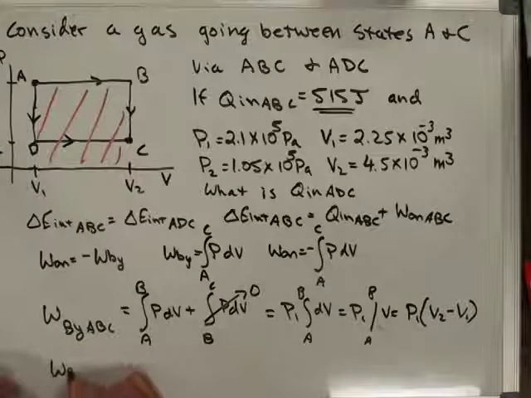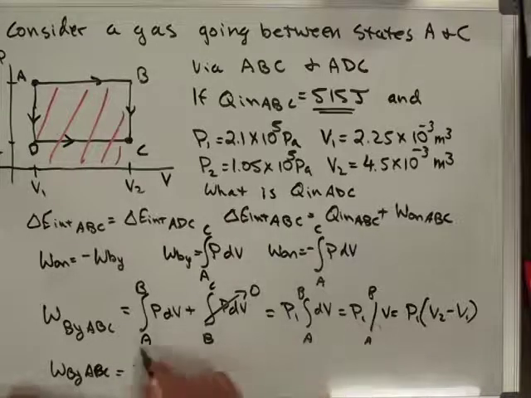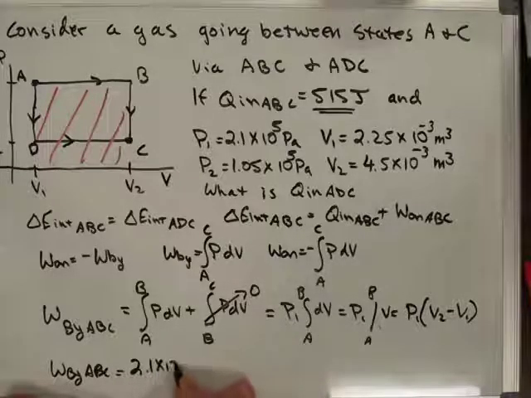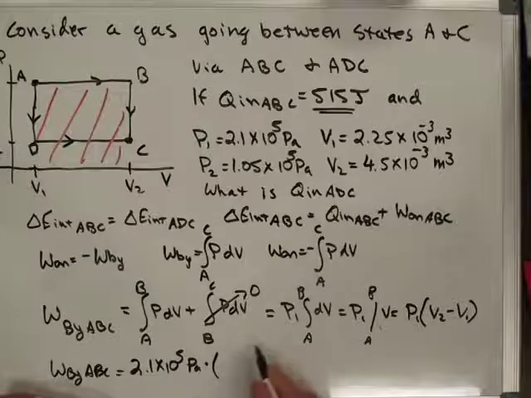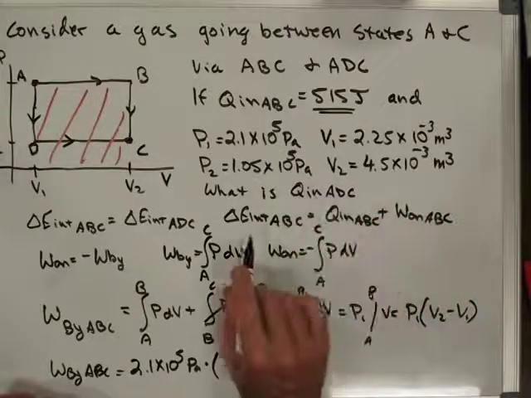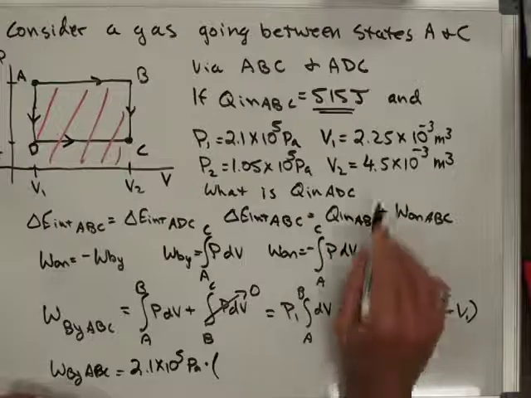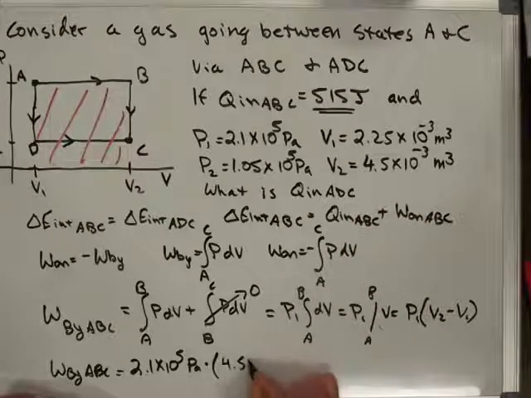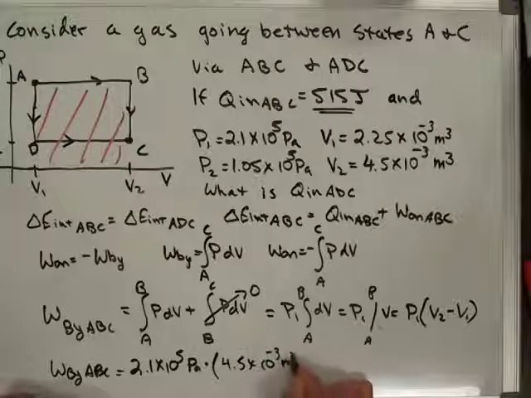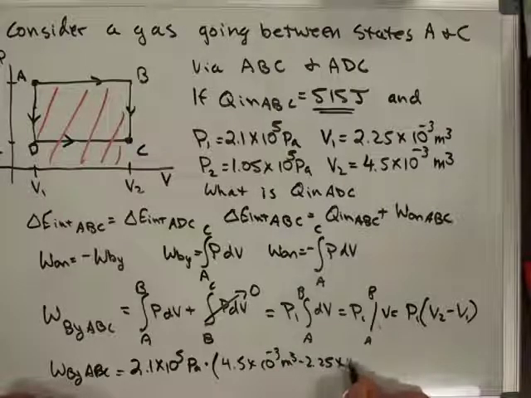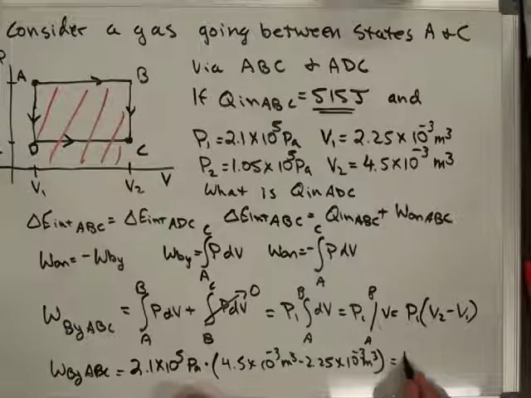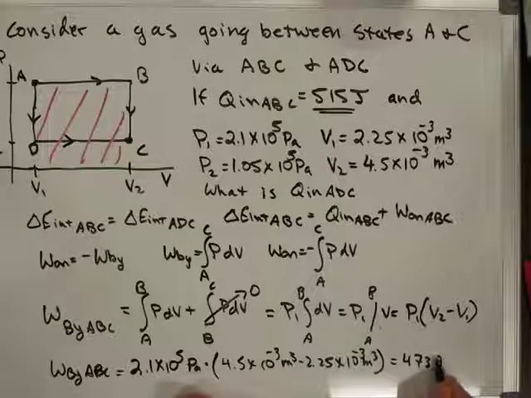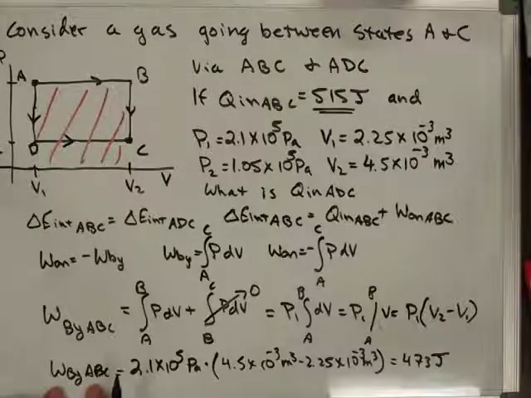And so the work by the gas along the path ABC is equal to P1, which is 2.1 times 10 to the 5th pascals, times that one minus that one, right? That's V2 minus V1, which is 4.5 times 10 to the minus 3 meters cubed minus 2.25 times 10 to the minus 3 meters cubed. And what I get for that is about 473 joules. That's the work by, right?